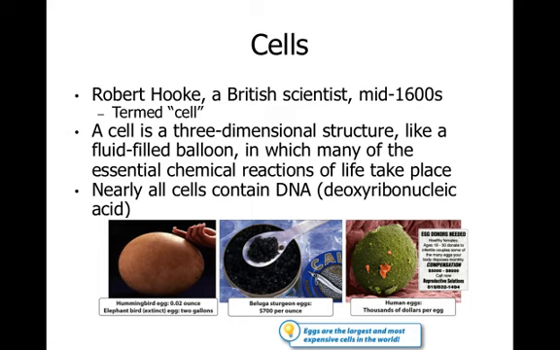The picture down here is from your text. On the left-hand side we see a hummingbird egg on a finger, and then we see an elephant bird egg, which is extinct, at the bottom, very, very large. In the middle some beluga sturgeon eggs, and on the right-hand side a human egg.